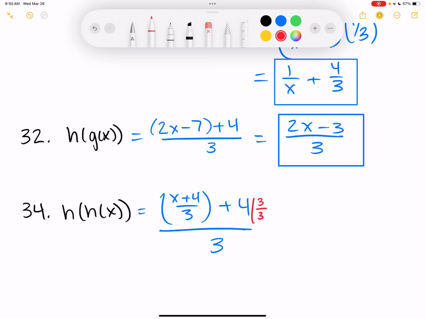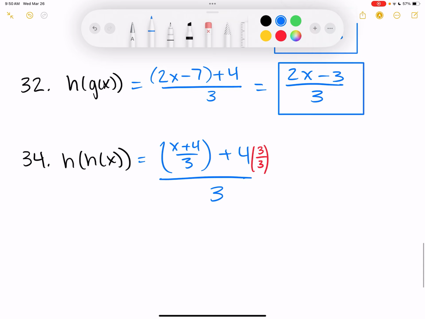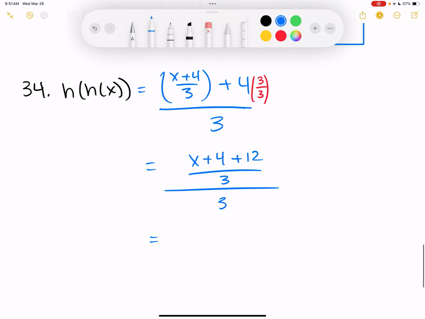So 12 over 3 goes on top. x plus 4 plus 12 over 3, all over 3, which is x plus 16 over 3, all over 3.